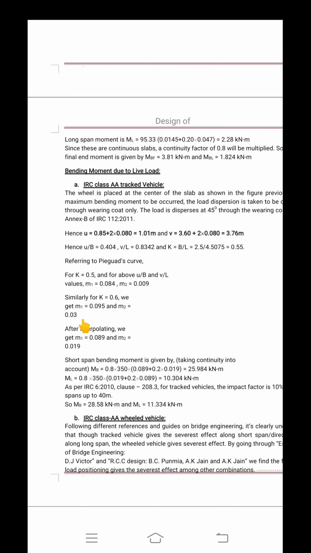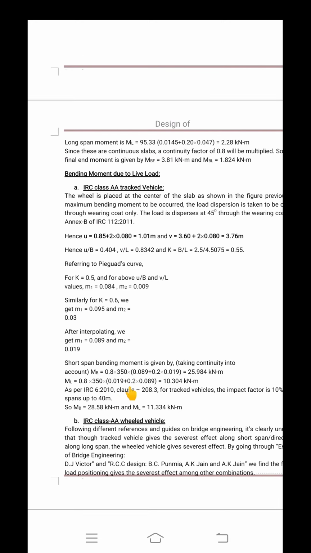So it is 0.8 into 350 into M1 is 0.089 plus mu, Poisson's ratio 0.2, into M2 is 0.19. So how much did we get? Short span moment 25.984. Similarly, long span moment is M2 plus mu into M1, that is 10.